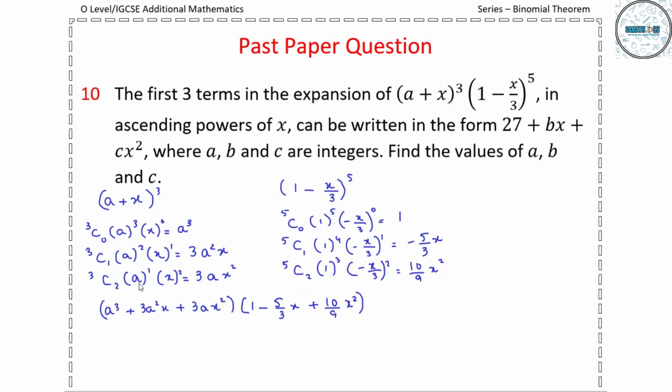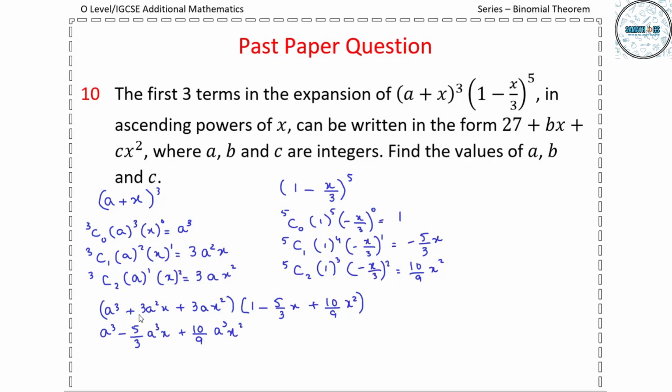So a cube multiplied by 1 is a cube. A cube multiplied by -5/3 x is -5/3 a cube x. Then a cube multiplied by 10/9 x square is plus 10/9 a cube x square.